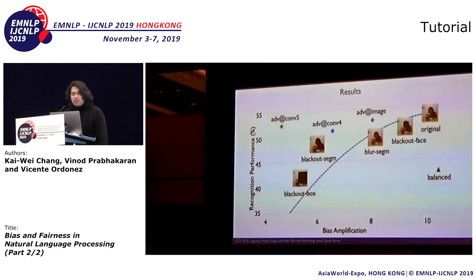So you can see that removing the gender at the convolutional layer number 5, not really number 5, it is the fifth group in a ResNet network, so this is convolutional layer number 40 something. It was the most effective, so we can retain almost all the accuracy of the original model, and the bias amplification becomes very close to 4.